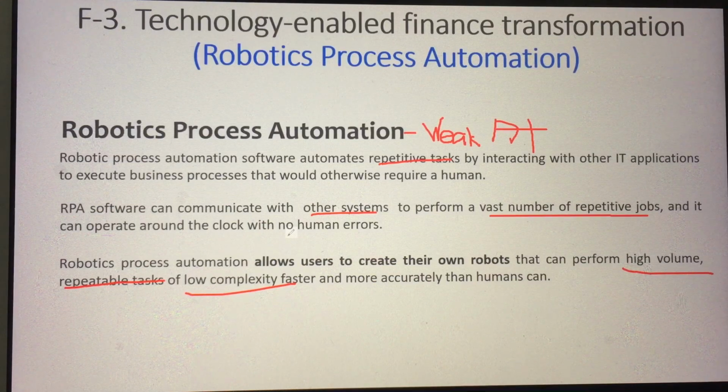So, an example of this one is yung mga vouchers, no? Pag-input ng vouchers, pag-process ng mga vouchers, mga invoices, okay? So, hindi na siya manually ini-input ng human beings, but it is now done by RPAs or robots.